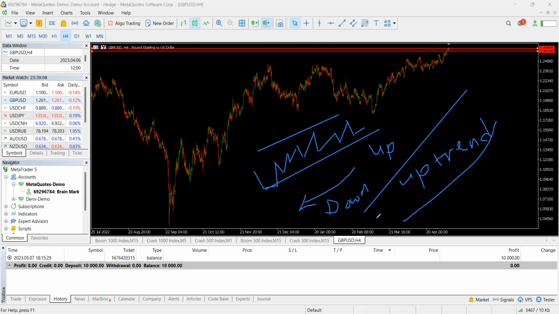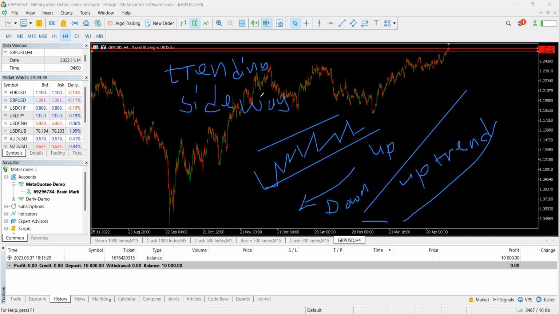What do you expect when the market is in an uptrend? You check if the market is trending, which we are going to look into, or moving sideways. Please, these are terms, write them down: trending or sideways.